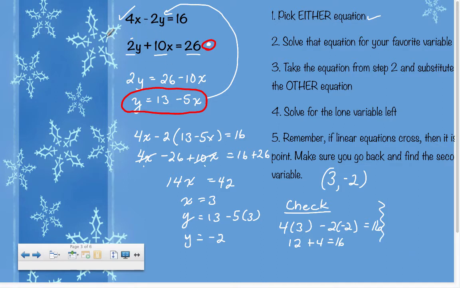Let's check my second problem. Double the y variable, 2 times negative 2. Add on 10 times 3, and it should get me 26. And it does. 26 gets me 26.